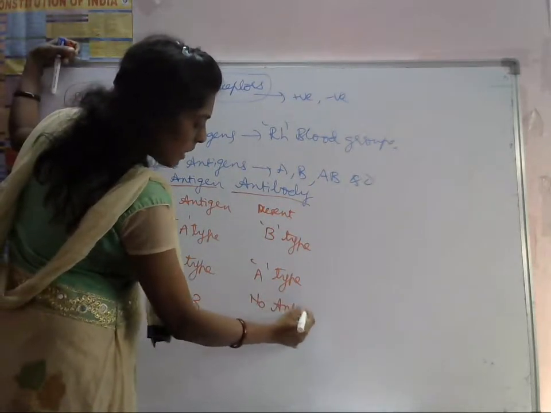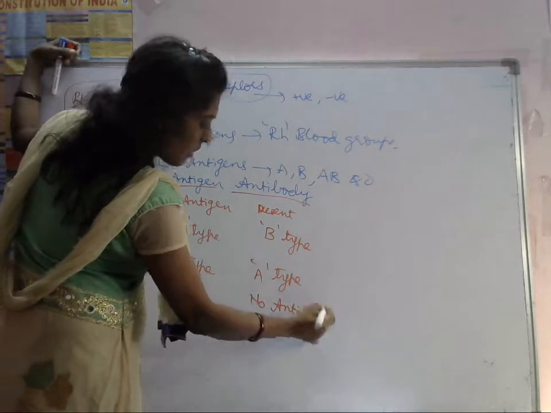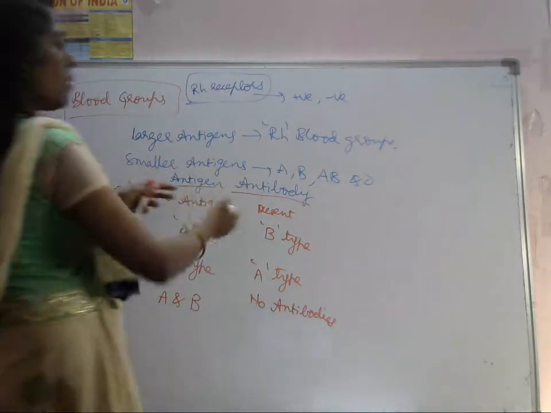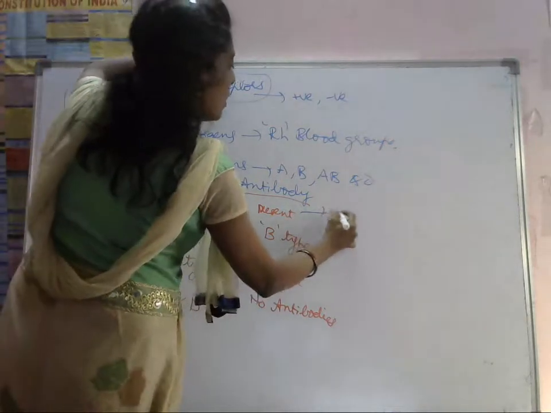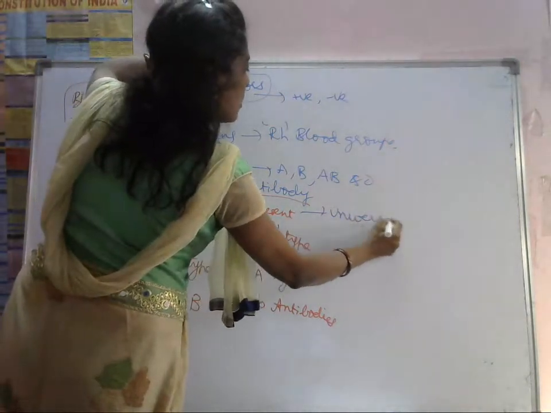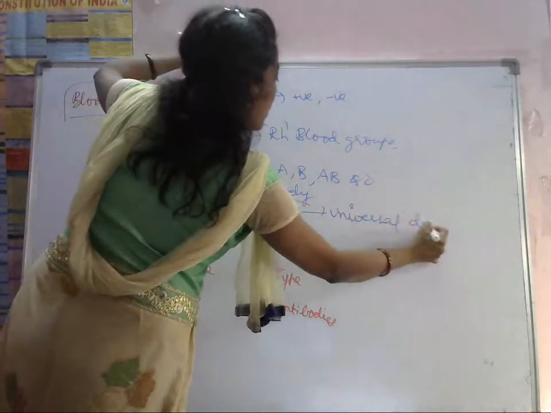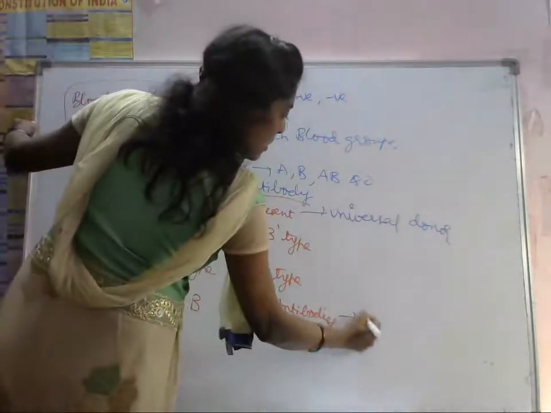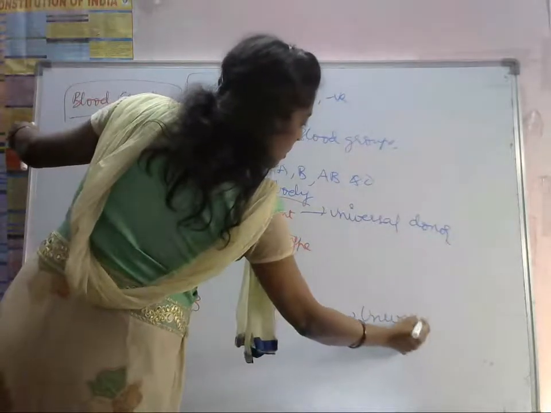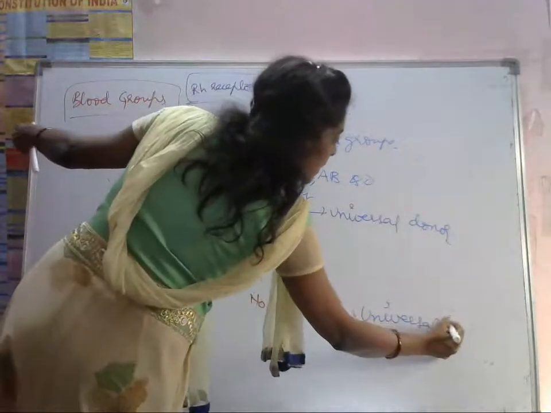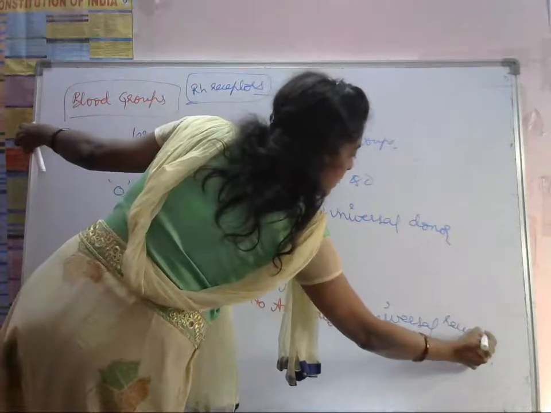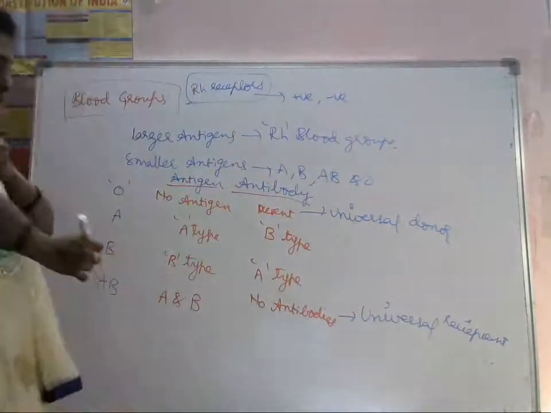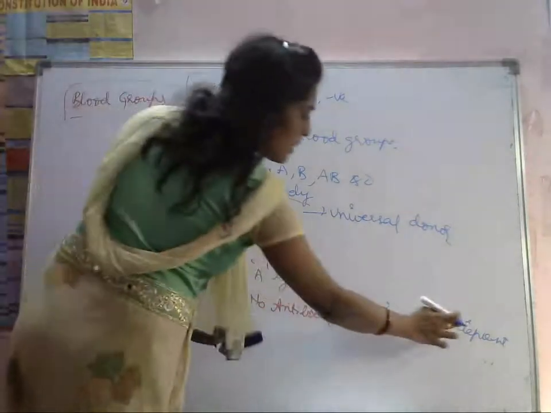In O there are no antigens for any body, so it is called the universal donor. In AB there are no antibodies, so these are universal acceptors, or universal recipients.